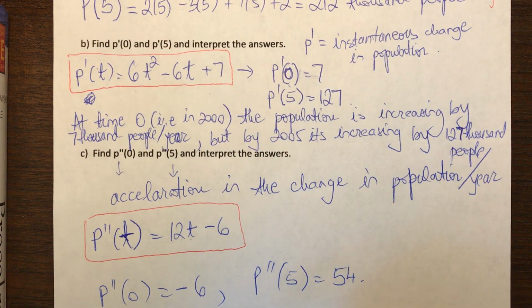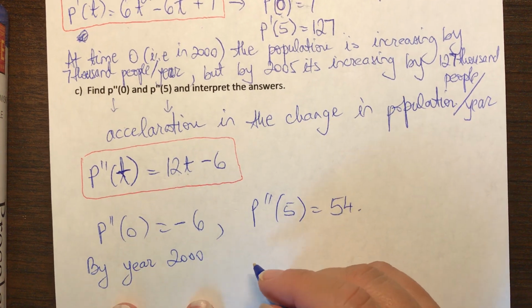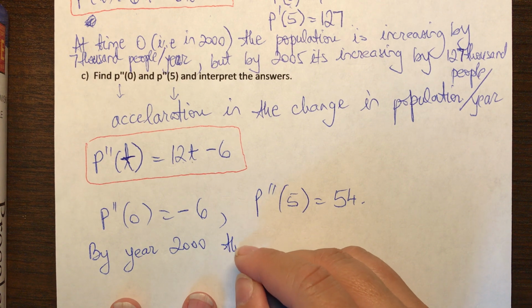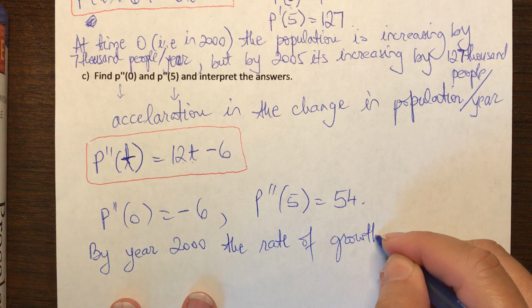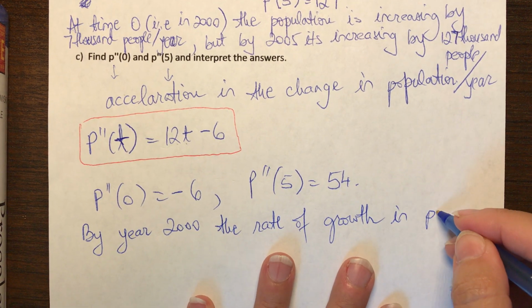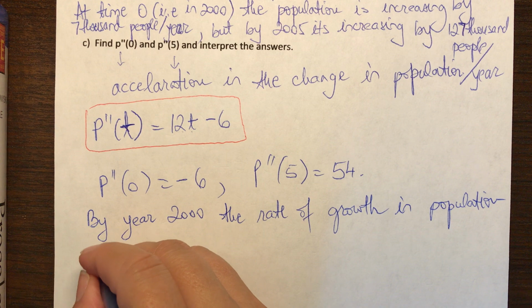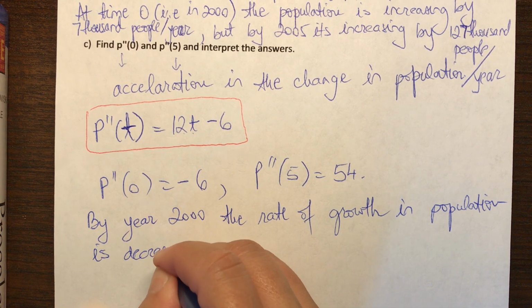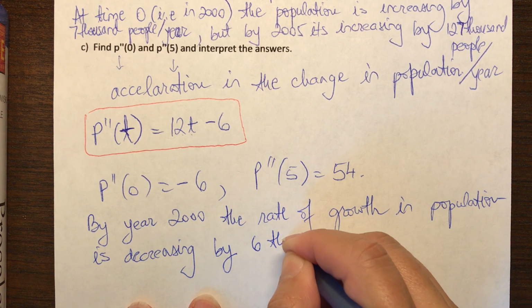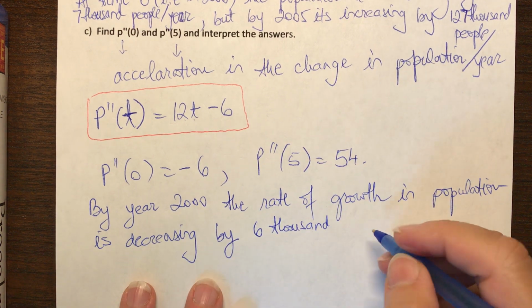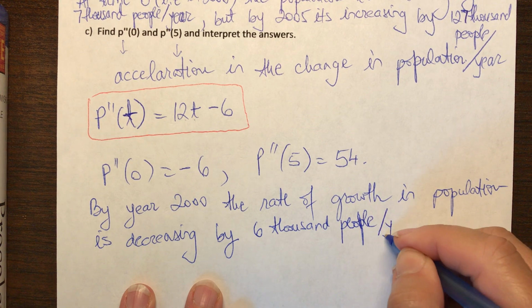So I'm just going to say this: by year 2000, the rate of growth in population is decreasing by 6,000, and it's decreasing because it's negative, the 6,000 people per year.